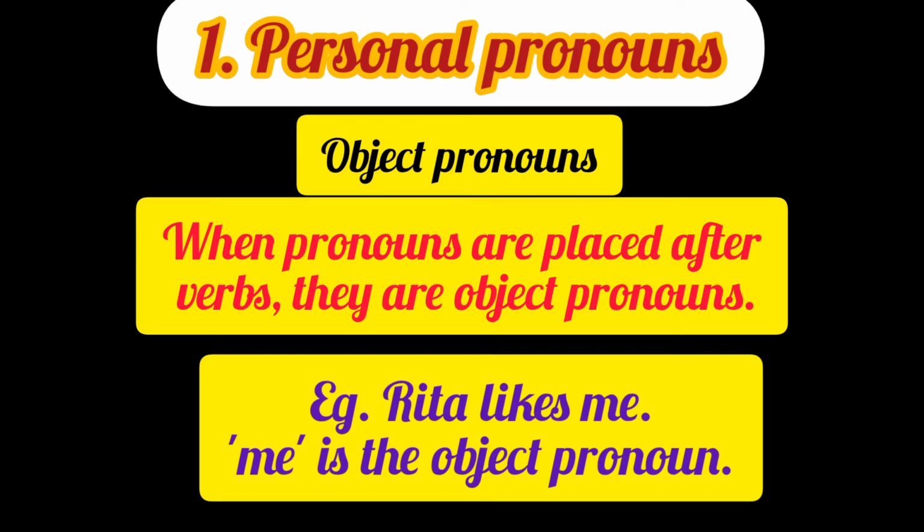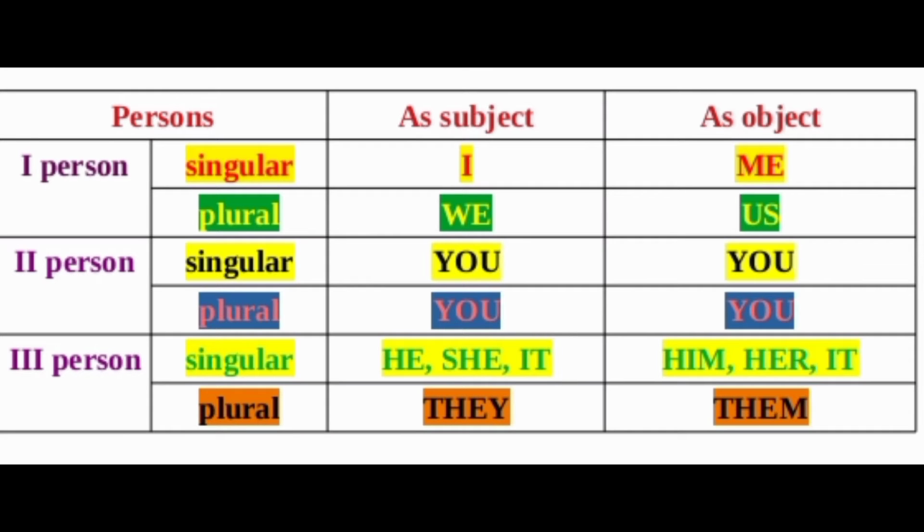Here is a table showing how we can use persons as subject and as object. First person, in singular form we can use I as subject and me as object. First person in plural form we can use we as subject, us as object. Second person in singular form we can use you as subject and the same as object.